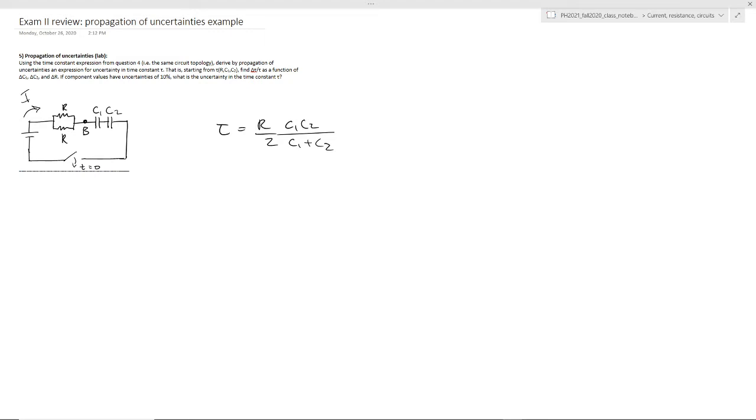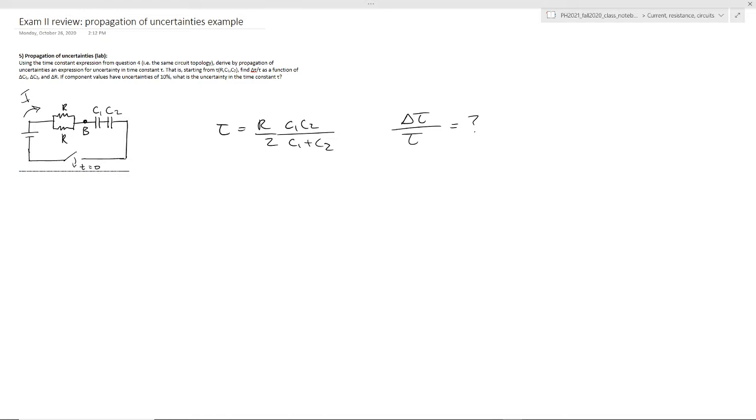We wanted to work through the propagation of uncertainty piece: we want to understand delta tau, the uncertainty over tau. And so let's just walk through that example.